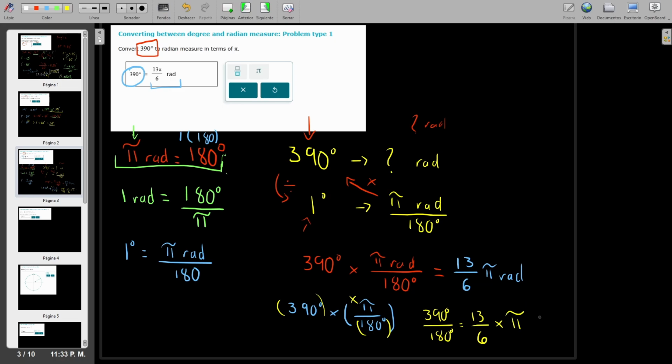That's how we get to the value of 13/6 of pi radians. So this is solved.